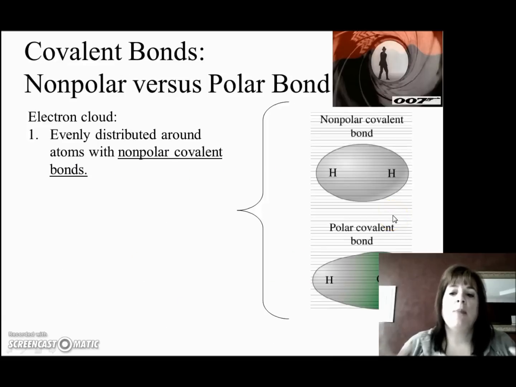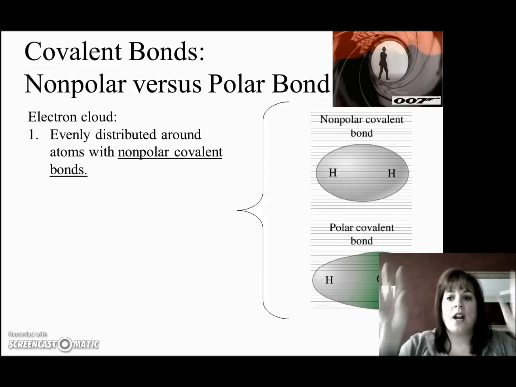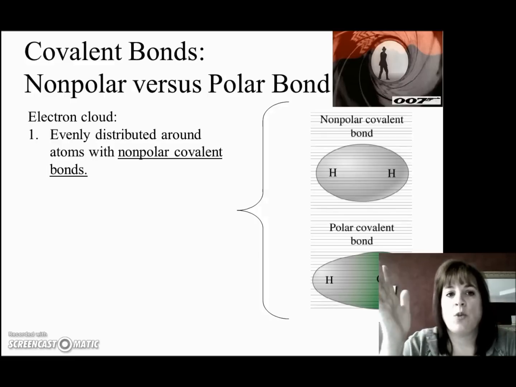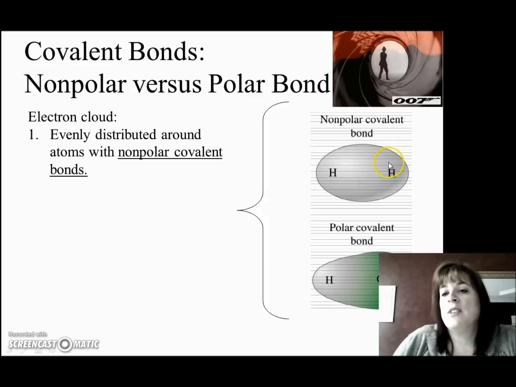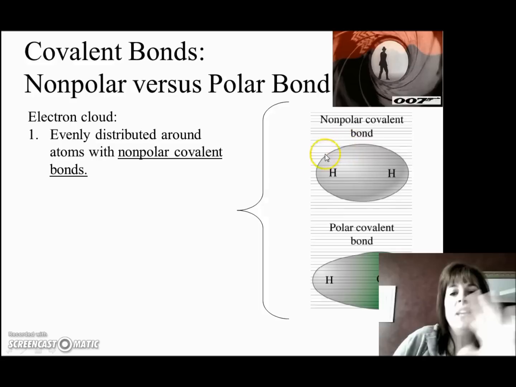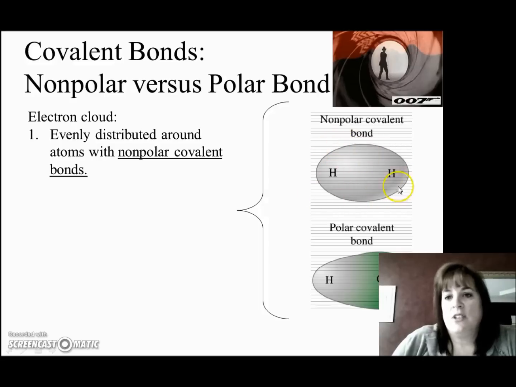All right, so it's all about the electron cloud. And remember, the electron cloud is where the probability of the electron is going to be. So in a nonpolar covalent bond, I have this nice, symmetrical, even distribution of an electron cloud, which means the electron could be found easily at this hydrogen, or maybe this hydrogen, or somewhere in between. So it's very symmetric because it could be anywhere.